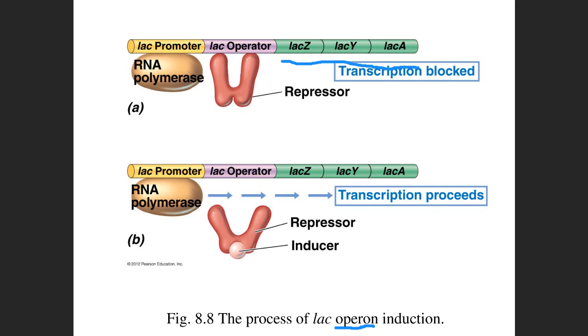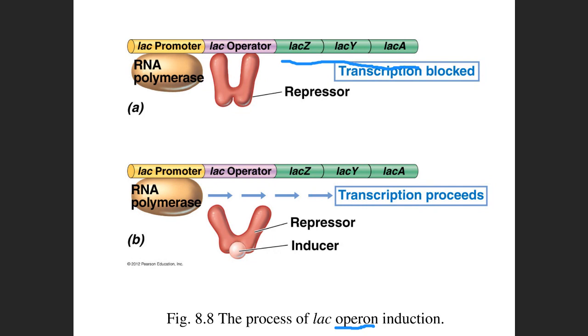And then you have the lac promoter. The lac promoter, as we already talked about, is the DNA binding site for RNA polymerase. In this case, RNA polymerase includes the core RNA polymerase and the sigma factor.